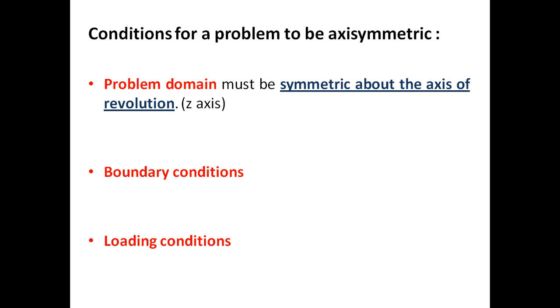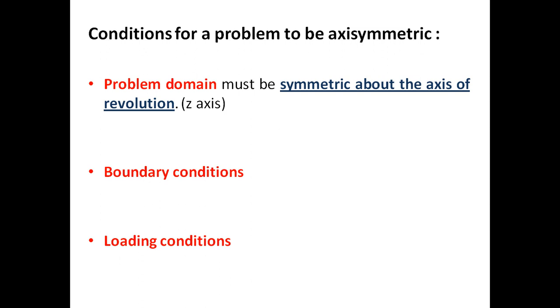The boundary condition should be symmetric about the axis of revolution, and also the loading condition. Any kind of load, pressure, temperature, should be symmetric about the axis of revolution. So the three important conditions that should be followed strictly, the problem domain, boundary condition and the loading condition, must be symmetric about the axis of revolution.